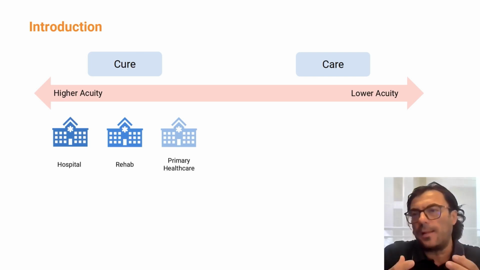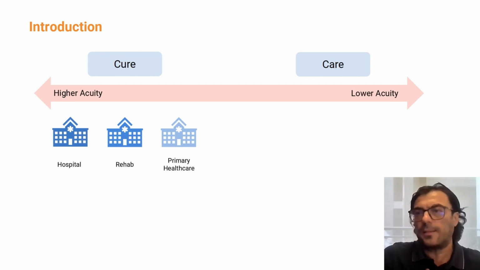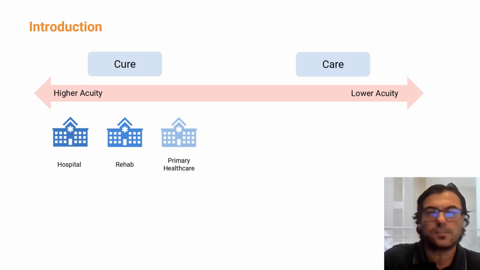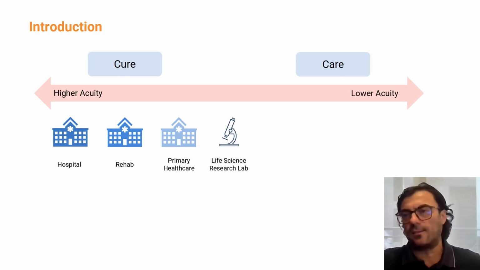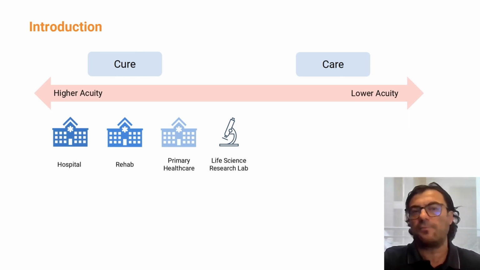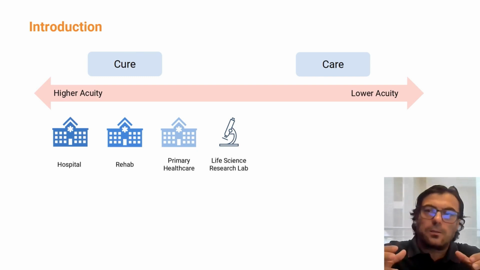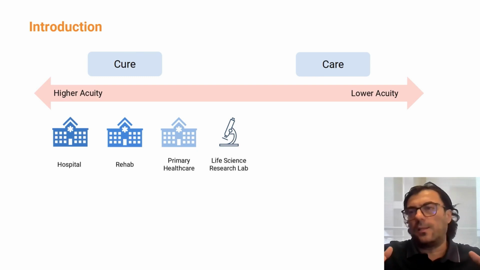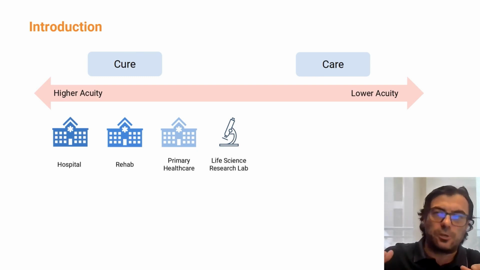The primary healthcare service is not just referring patients to the hospital, but it can also perform some form of minor surgeries. In the middle of the cure and the care, an asset class that has emerged is the life science research laboratory. Typically, what happens is that the hospitals are also centers of research.